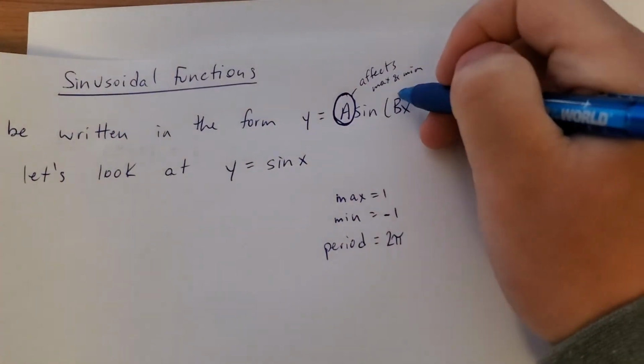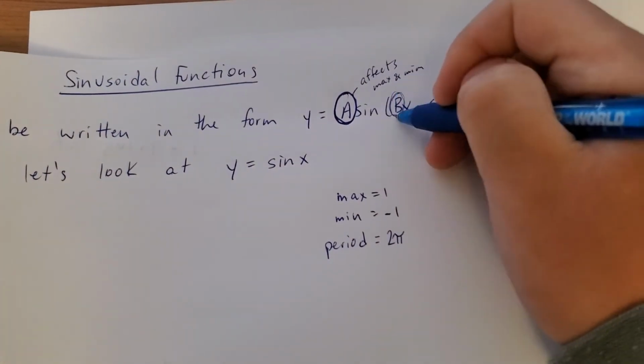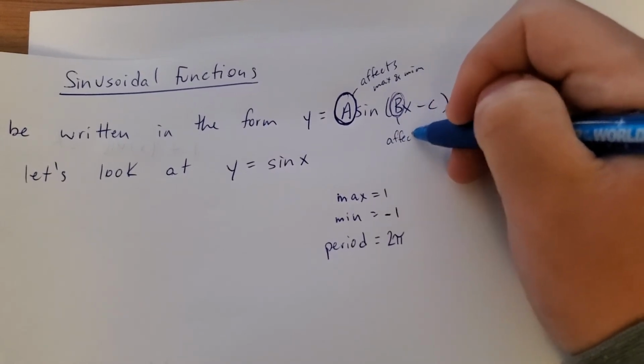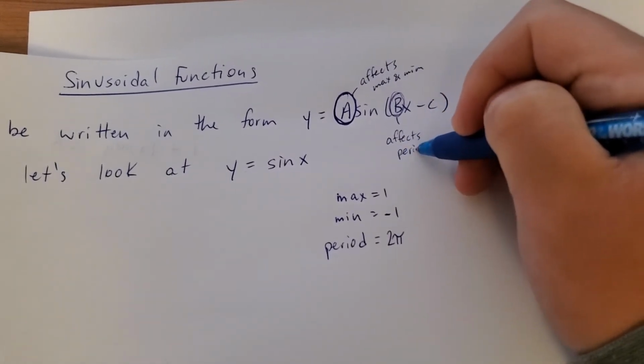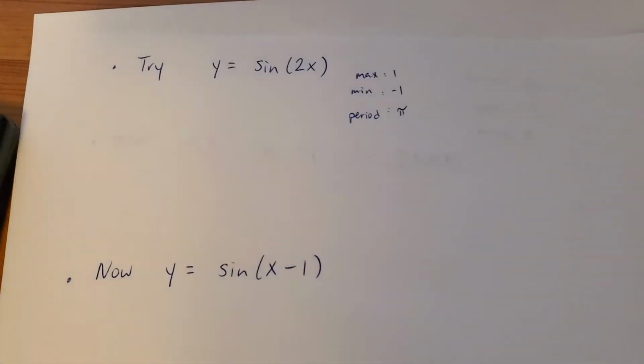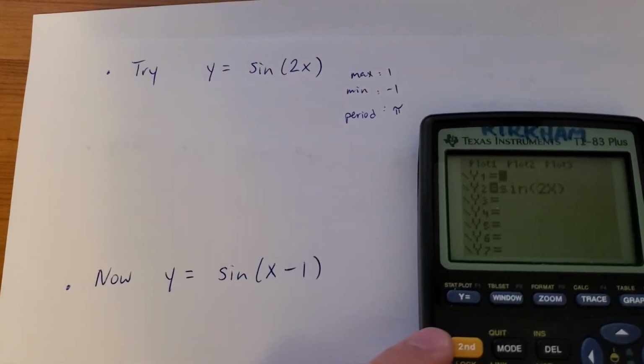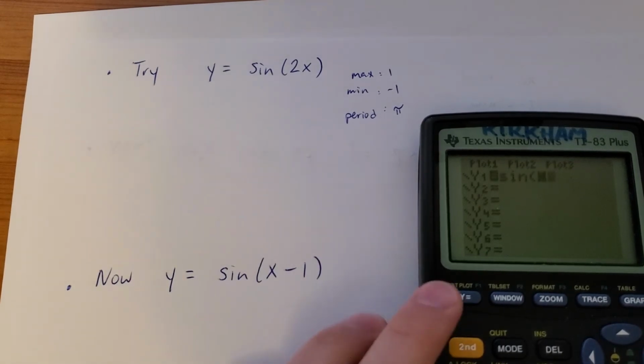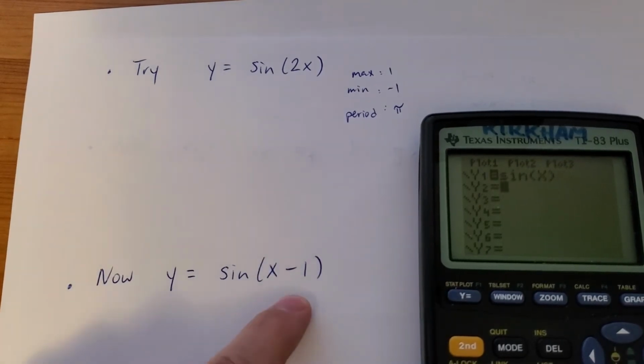So if we go back to our master formula here, what I did is I changed b. I made b equals 2. This one definitely affects the period. That's what I noticed. I hope you agree with me. Okay. I'm going to bring back sine x, because now I want to see what happens if you subtract something.